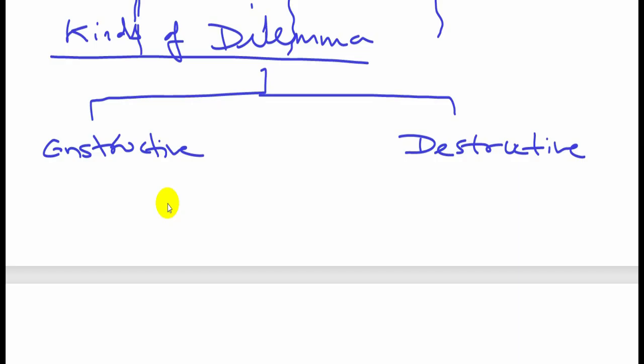Constructive affirms the antecedent, and destructive denies the consequence. So what is a constructive dilemma? It is one in which the minor premise, which is a disjunctive proposition, affirms the antecedent, and the conclusion affirms the consequence.